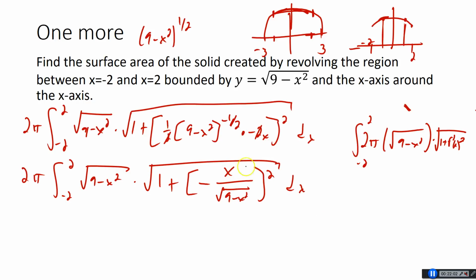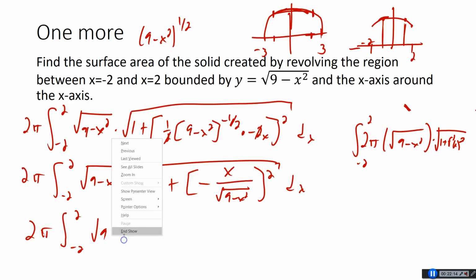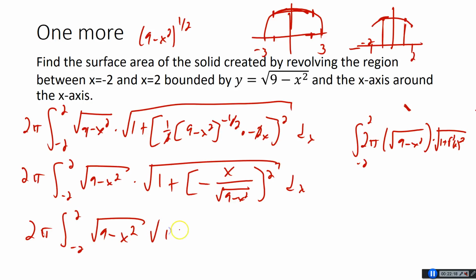So when we square this, the x will be squared on the top, the negative will go away because we're just squaring the whole thing, it'll be positive. The bottom, that square root's going to go away. So let's say we have 2 pi integral, -2 to 2, square root 9 minus x squared, square root 1 plus x squared over 9 minus x squared, dx.